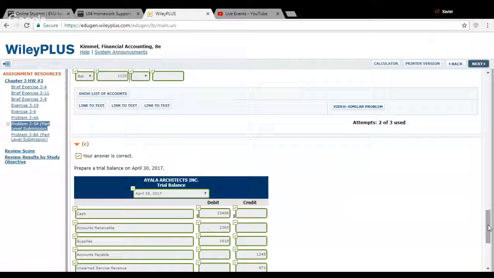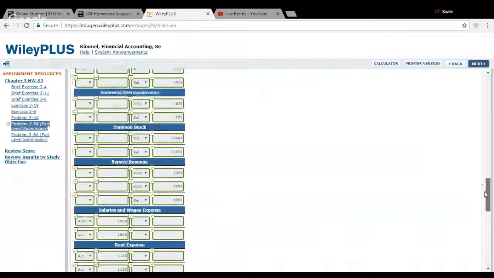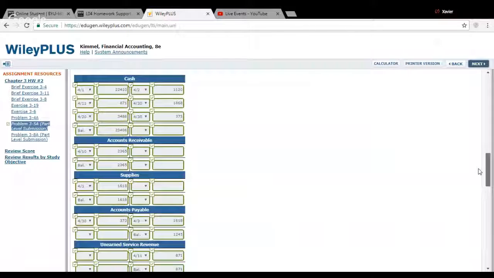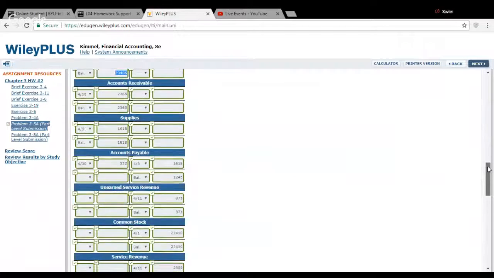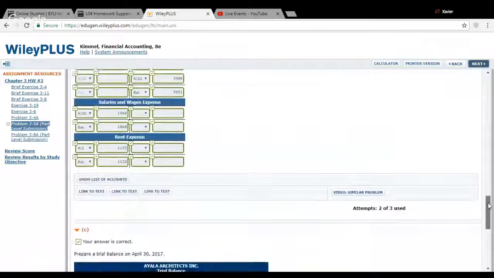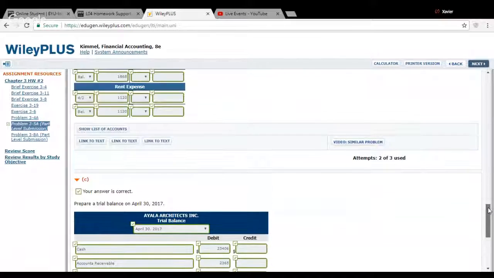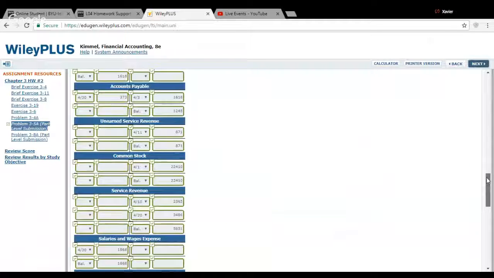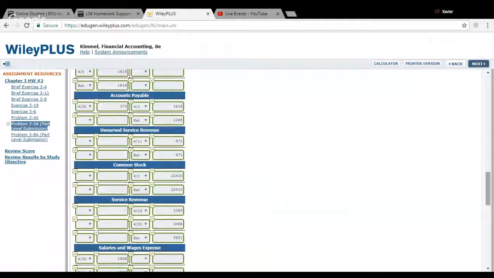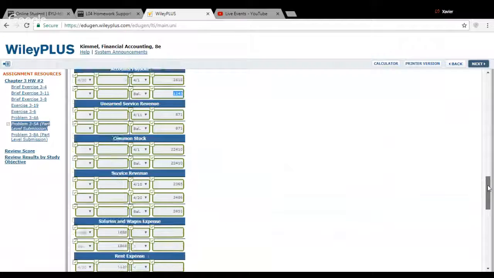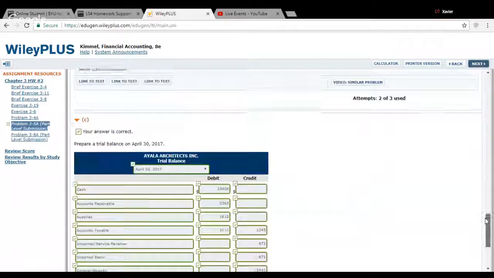The first thing we come to is cash, which is the very first one up on top. We take that number because that's the balance, so it's going to be a credit to cash for 23,406. Then the next one is going to be accounts payable, and because it's on this side, it's going to be a credit for the balance of 1245.